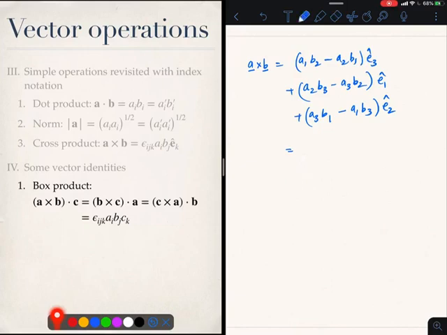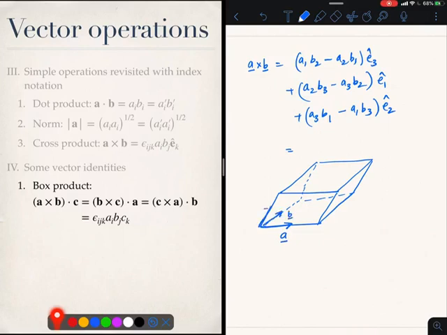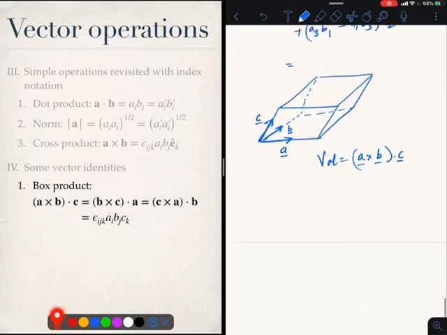Say if I have a parallelepiped given by A, B, C, then the volume is A cross B dot C. Okay, I think that is correct.